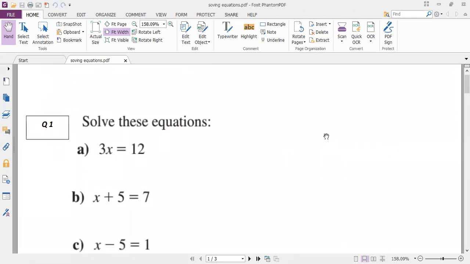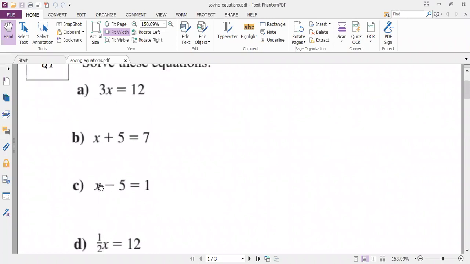What if I have an equation like this one? x minus 5 equals 1. And I want to get x only. I want to make x stand alone on a side. So in this case, we will add 5 to both sides, just to cancel negative 5.